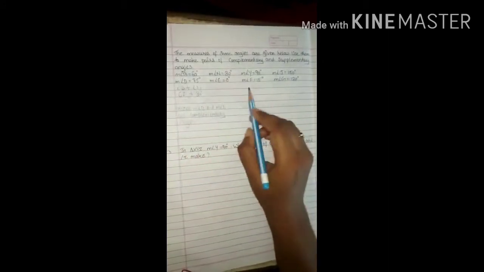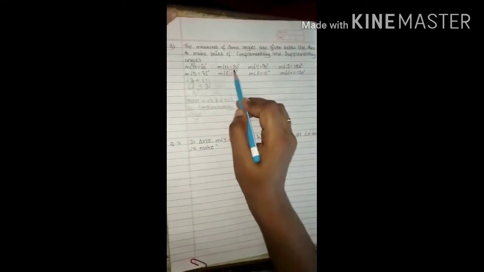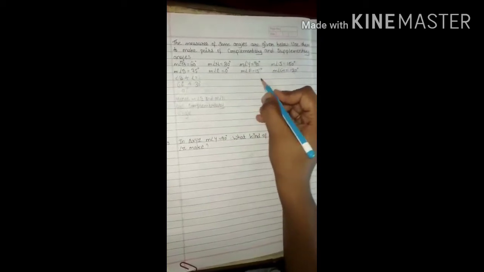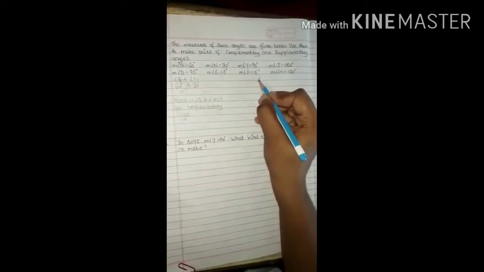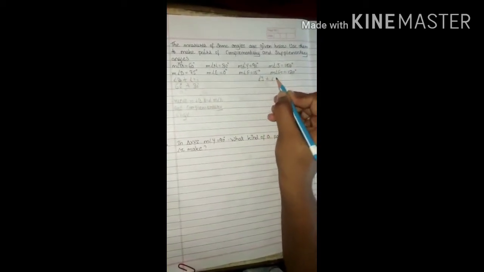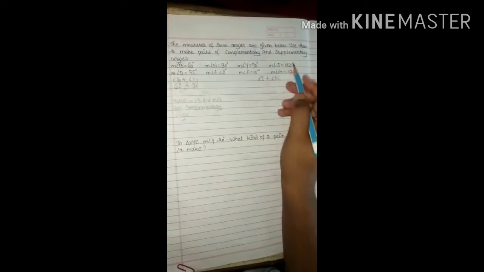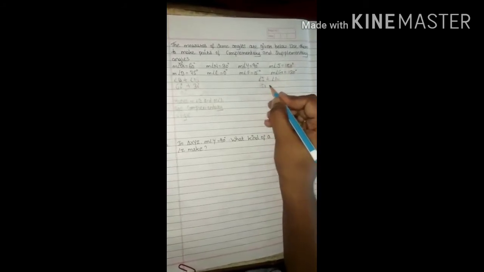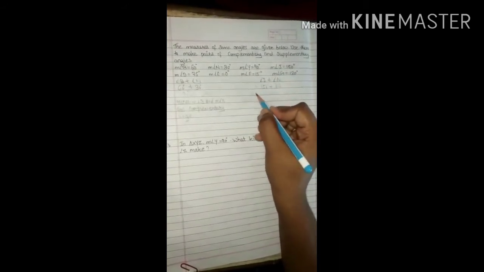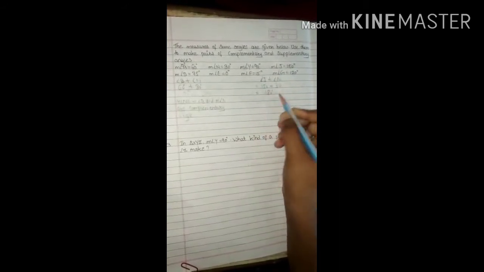Now in the same way we will make the supplementary pair. For a supplementary pair, suppose I am taking the measure of angle J and the measure of angle N. So I write measure of angle J plus angle N. The measure of angle J is 150 and angle N is 30 degrees. So after the addition, the answer will come 180 degrees. So 180 means this is a pair of supplementary angles.